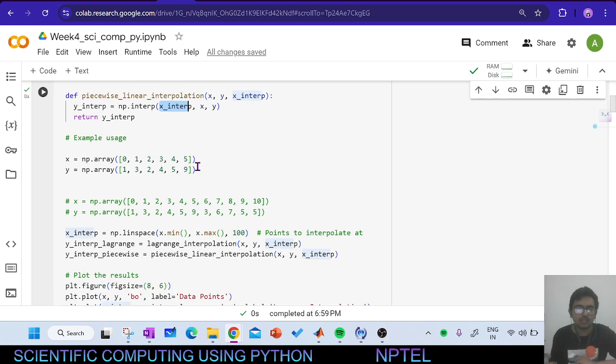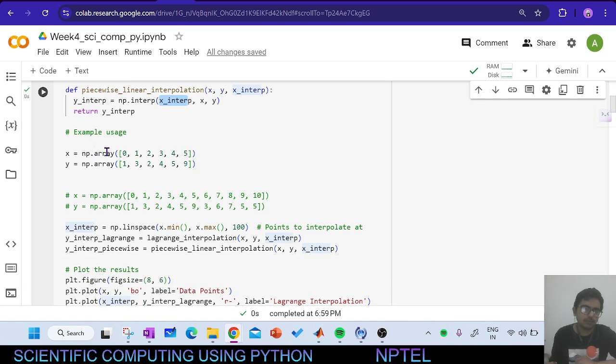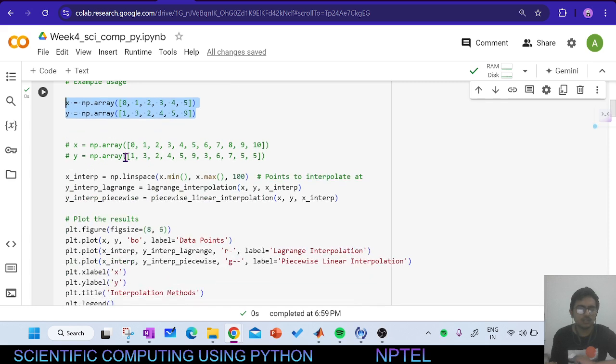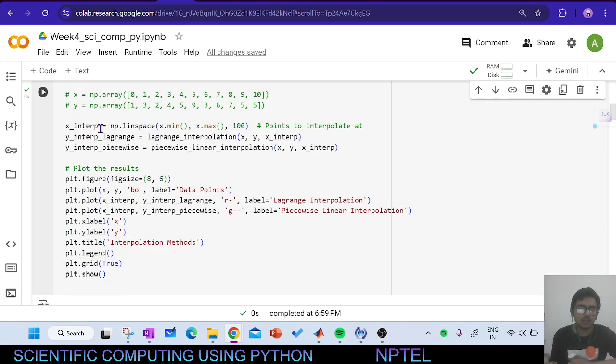Okay. And then we want to see how it works. So we give x some data points, which are 0, 1, 2, 3, 4, 5, and y is corresponding some random numbers that I have given: 1, 3, 2, 4, 5, 9. I have to make sure that both of them have the same length. Then x_interp is the set of points where we want to find the interpolated values, right?